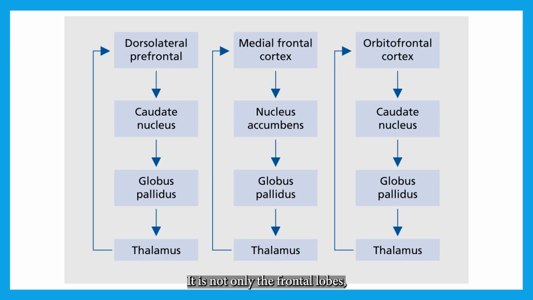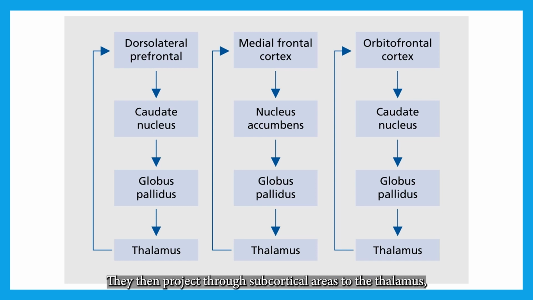It is not only the frontal lobes, but several specific circuits between those regions and the subcortical regions that are really responsible. Each of these three major circuits, the dorsolateral prefrontal, the medial or mesial frontal, and the orbital frontal circuits, originate in the prefrontal cortex.